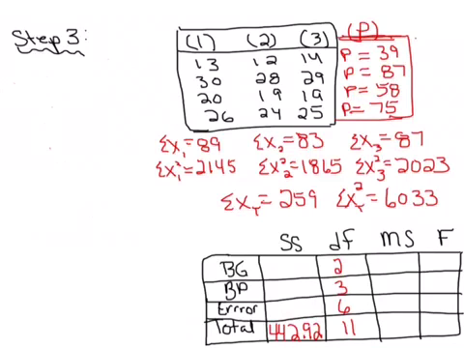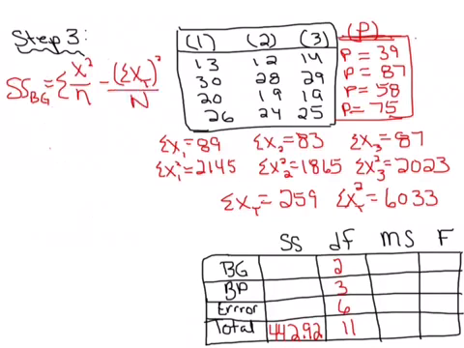Okay. So, sums of square between groups is the sum of every x squared divided by n minus the same thing again, sum of x total squared divided by n. Okay? So for that x squared, it's each individual x.